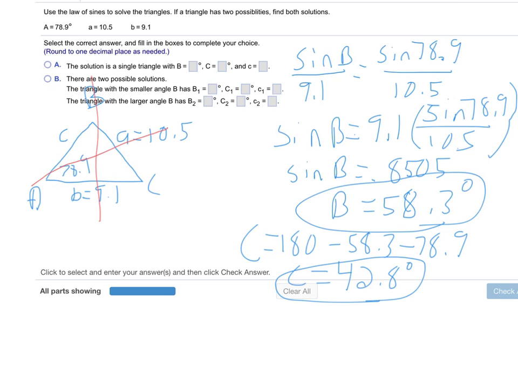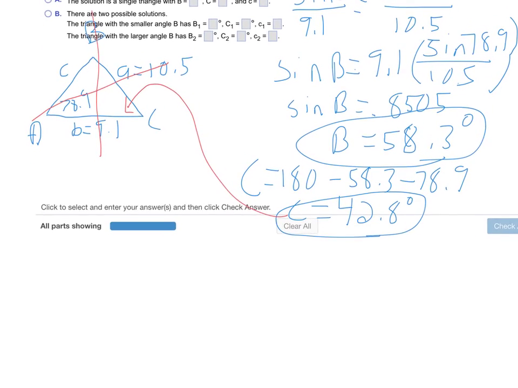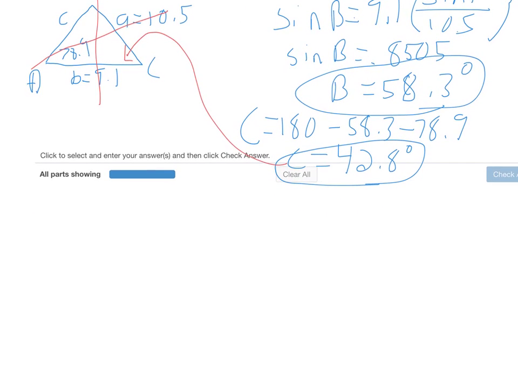Well, I know this angle here, and I have this ratio that's originally given, so I can find the side. So I need to use the law of sines again. So I'll move this all up a little bit. There we go.